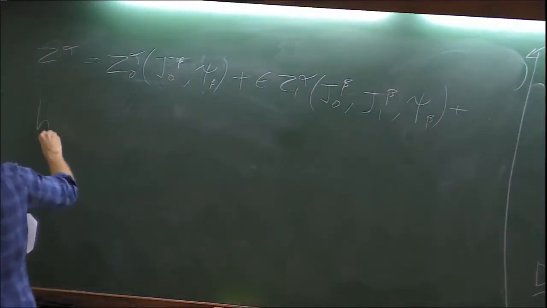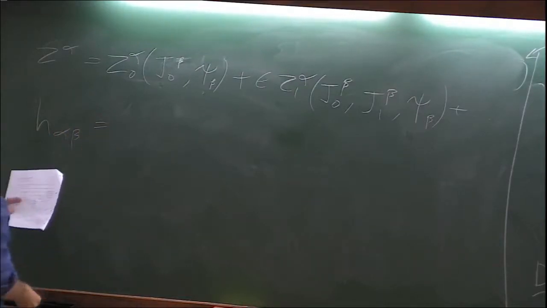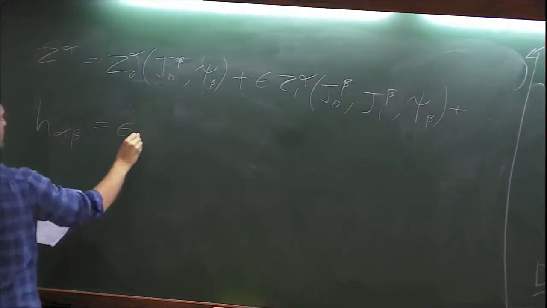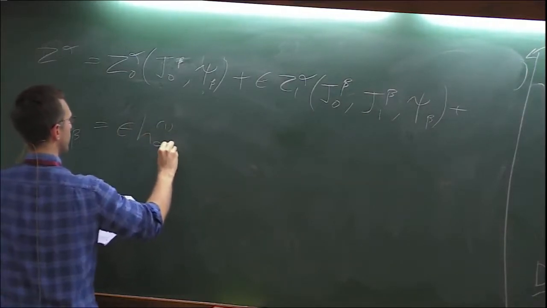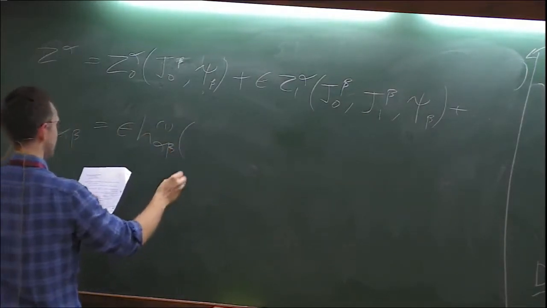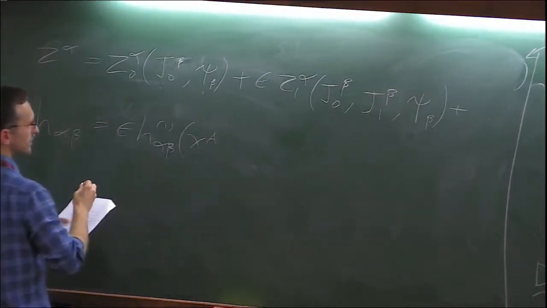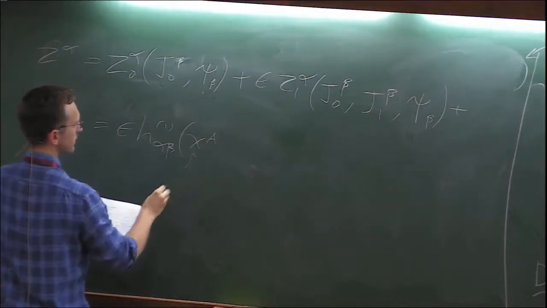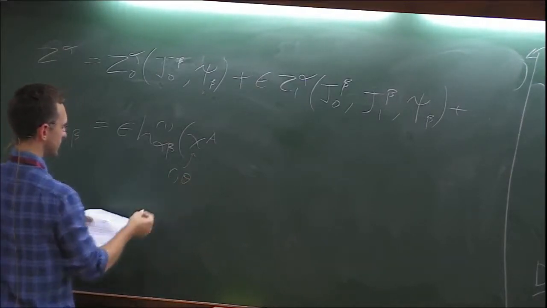Okay, so what is happening with the metric perturbation? The metric perturbation is epsilon h1, a function of coordinates, but only of some coordinates. So this is just r and theta.